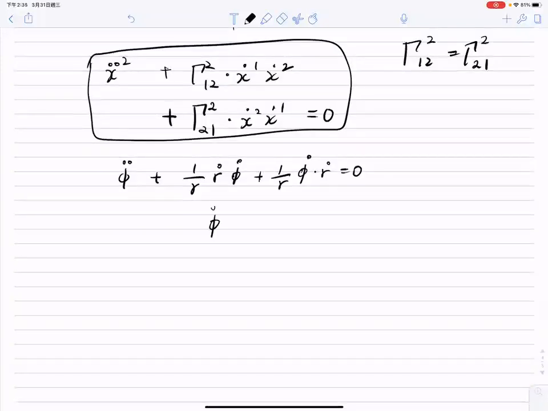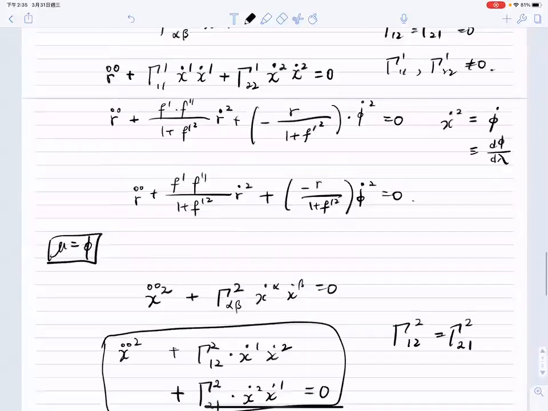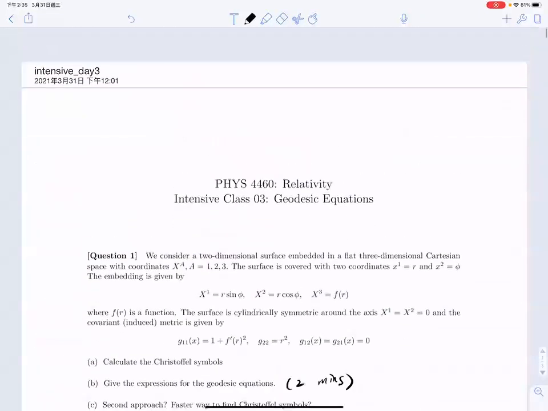All right, and the final answer would be 2 over r. Yep, here is the equation of motion when mu equals phi. And that is all of the answer for part AB.